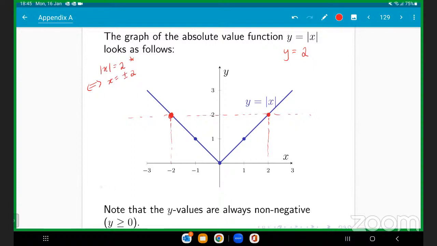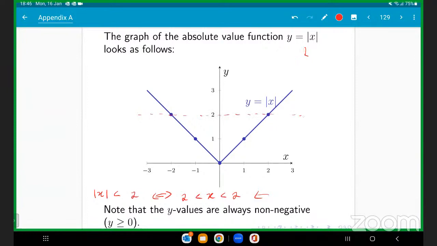The next rule said that if the absolute value of x is less than a number c, this happens precisely when x lies between minus c and c. So instead of c, let's say we have 2. So this is what the rule said. Let's see if it's true. Let's go back to our dotted line.